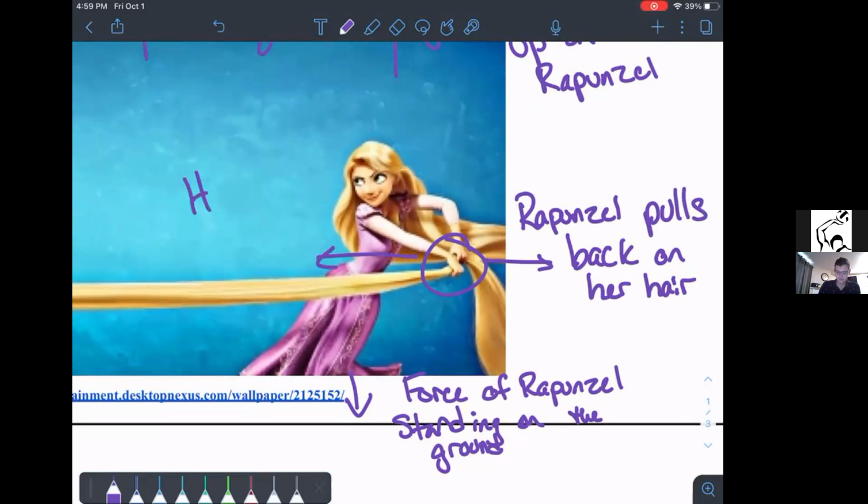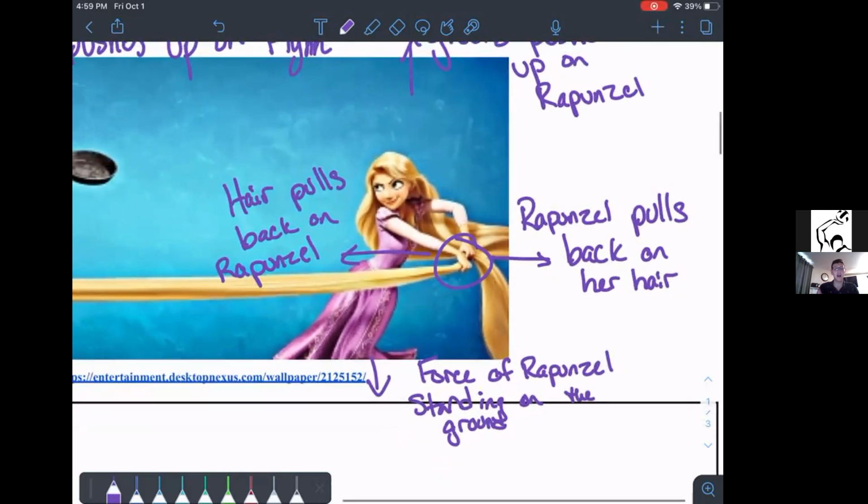So the hair pulls back on Rapunzel. Okay, we're not talking about Flynn Rider at all with that one. If she's pulling on her hair, the hair is going to pull back on her.